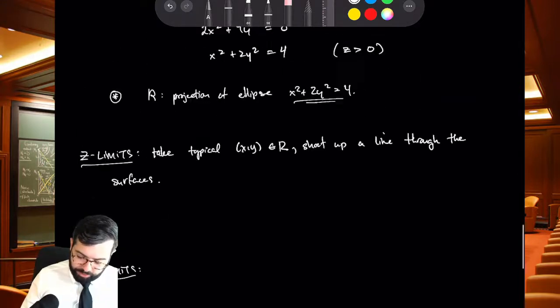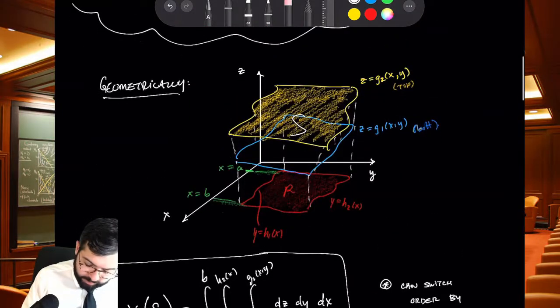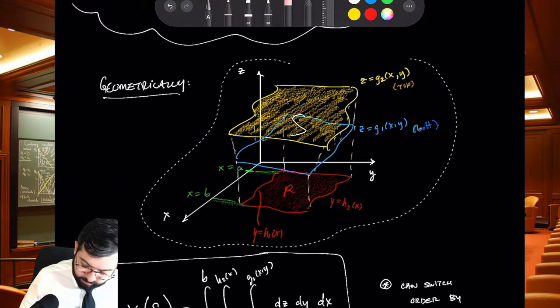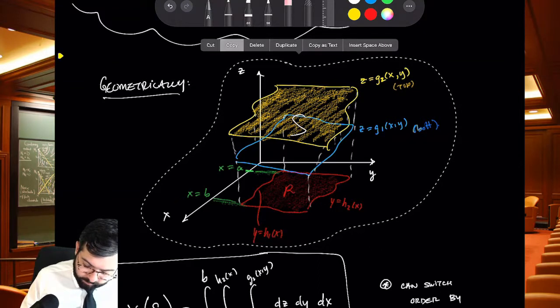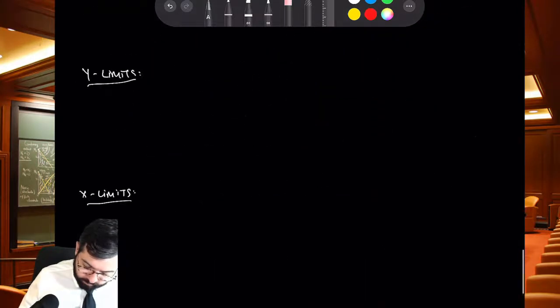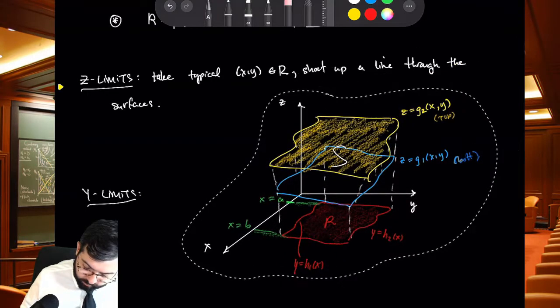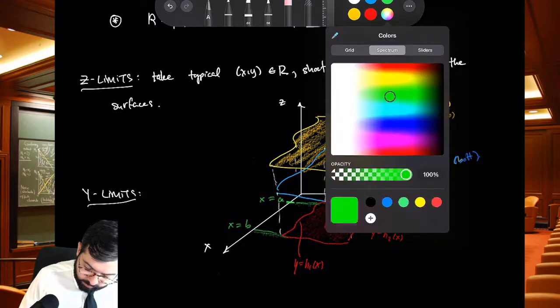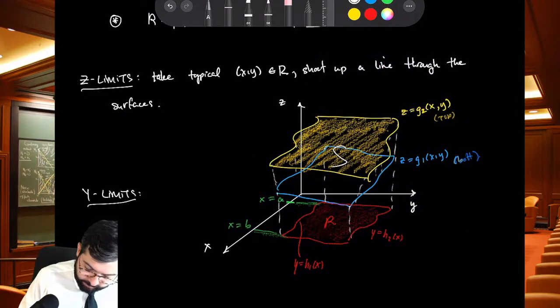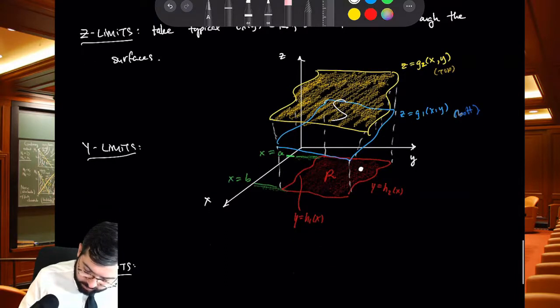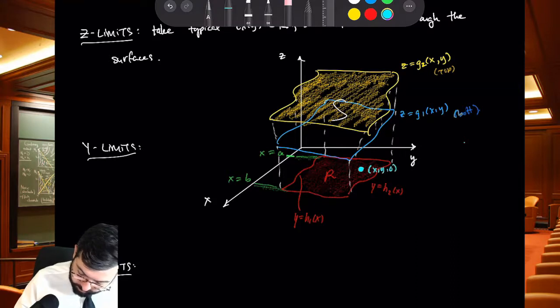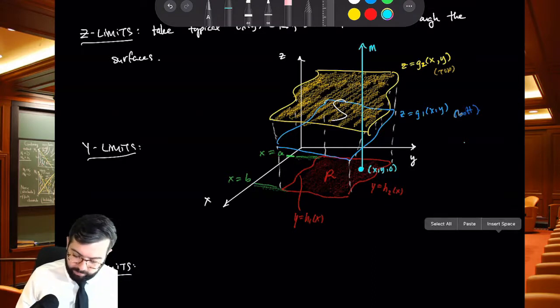Take some point x, y, 0, shoot it up, call it M, whatever you want.